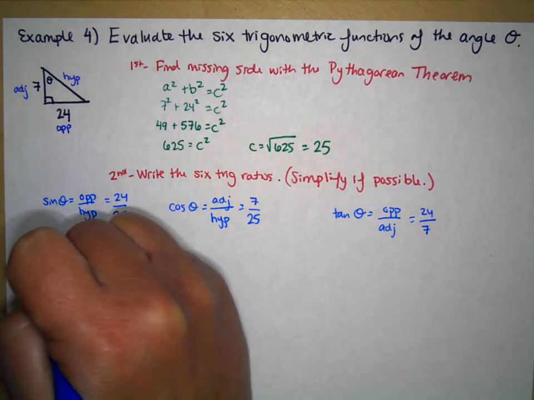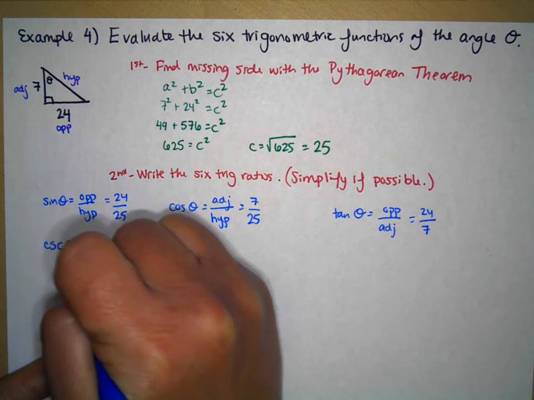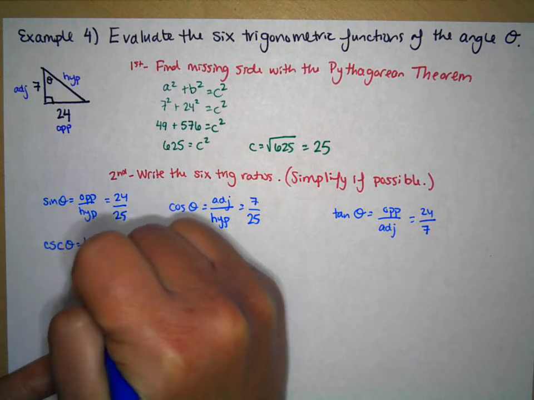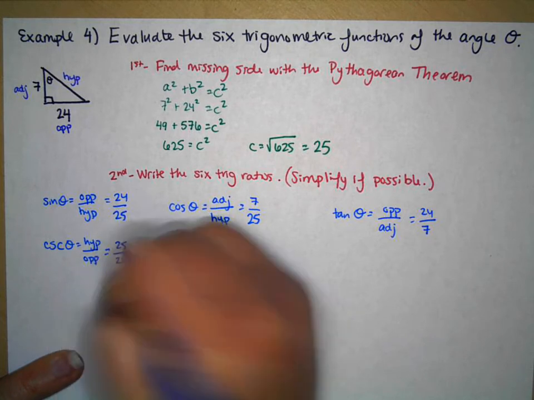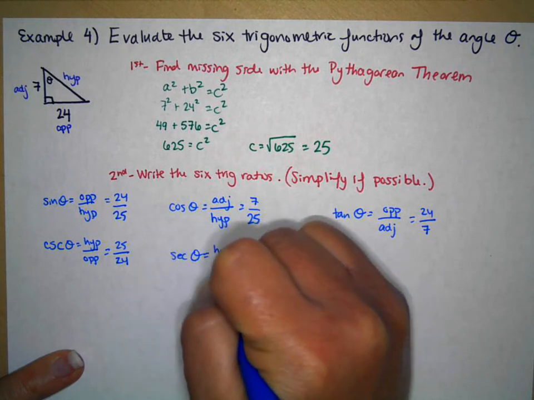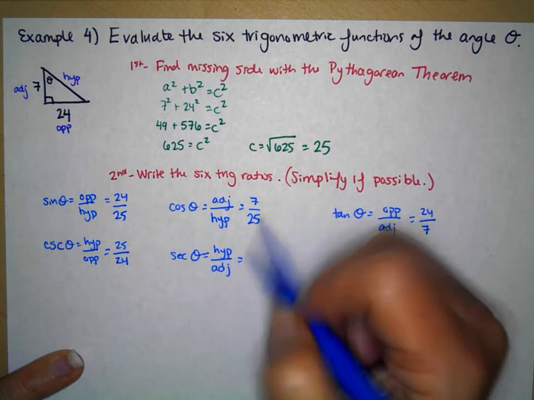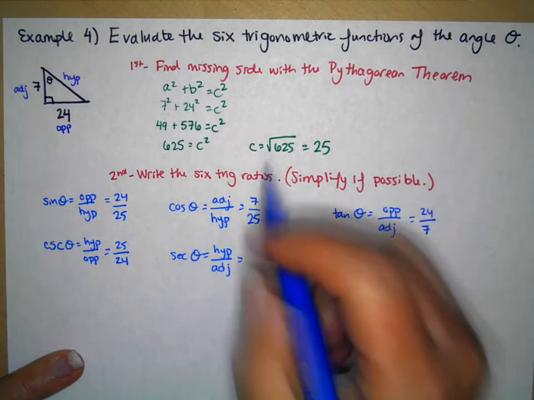All right, and then our friends, cosecant theta is equal to hypotenuse over opposite. So our hypotenuse was 25 over 24. Secant theta equals hypotenuse over adjacent. Remember that secant is the reciprocal of cosine. So if you know cosine, you can just flip it over.